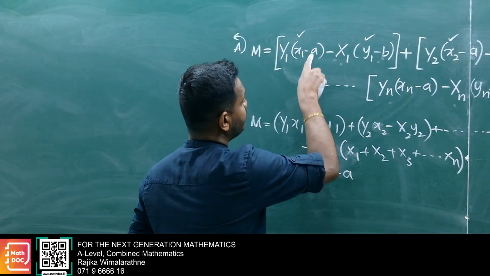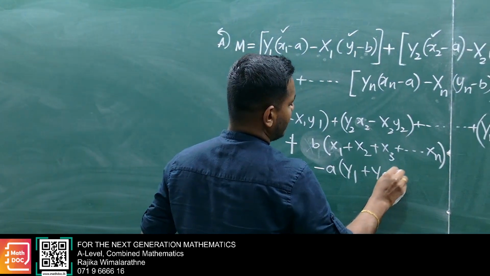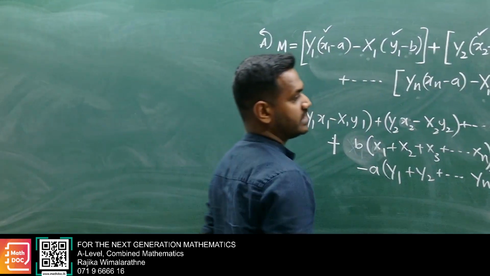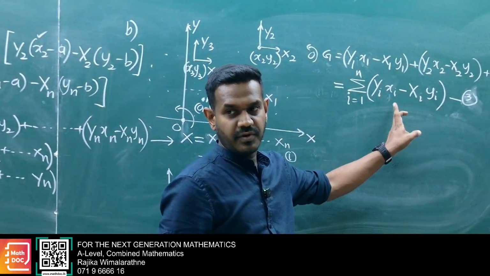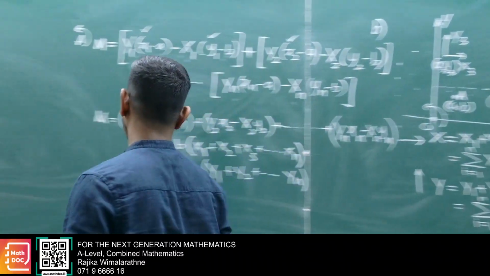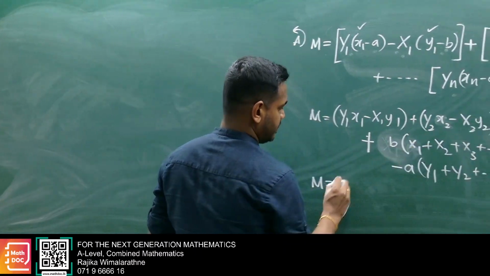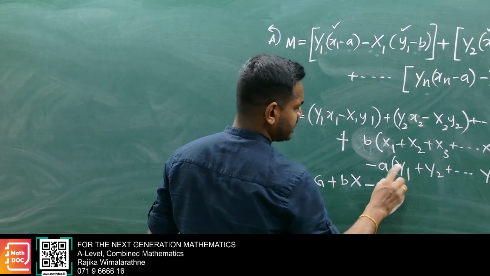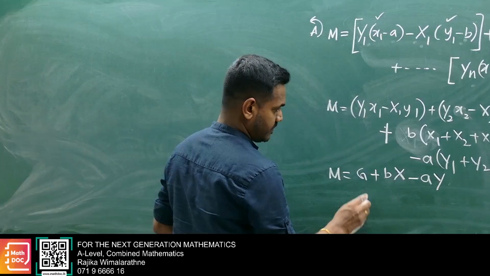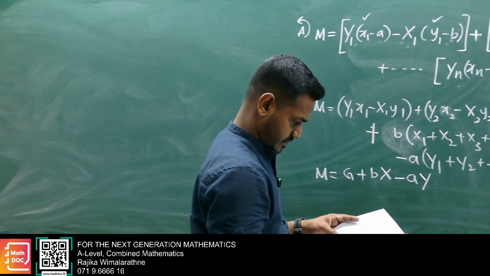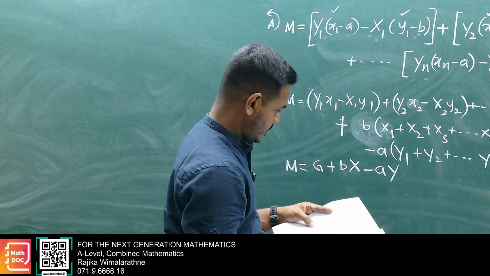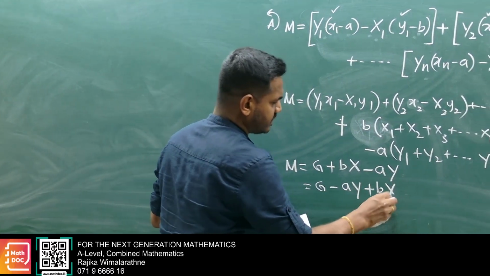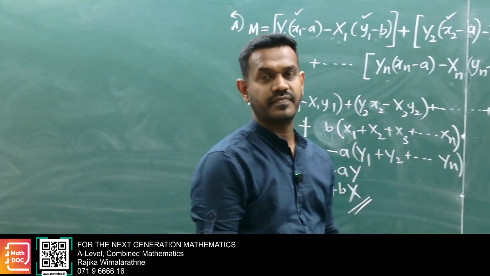For this part, say capital G is the moment about the origin. Therefore M equals G plus b times capital X, minus a times capital Y. That is G minus aY plus bX. The sign comes out the same. Okay, complete.